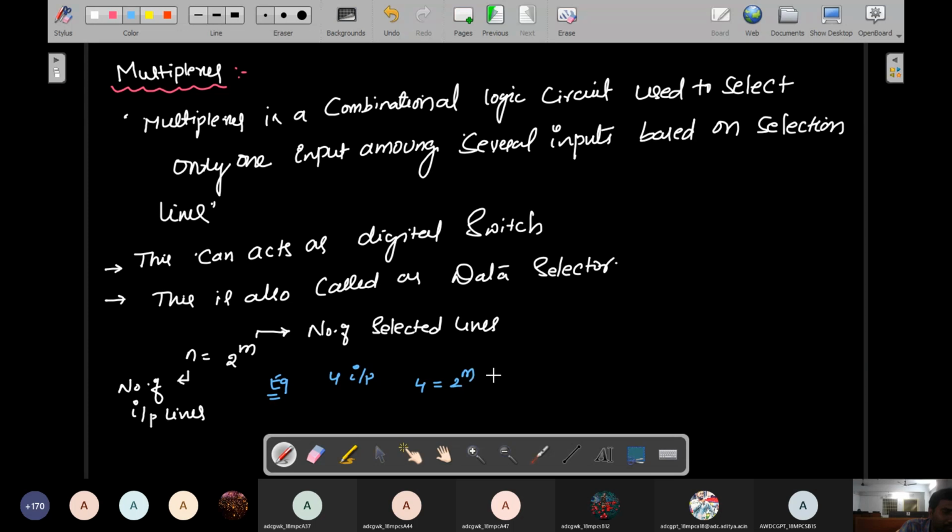If you apply logarithm on both sides, then m is equal to log 4 to base 2. So this can be written as m is equal to log 2 power 2, which is 2 log 2 with base 2.